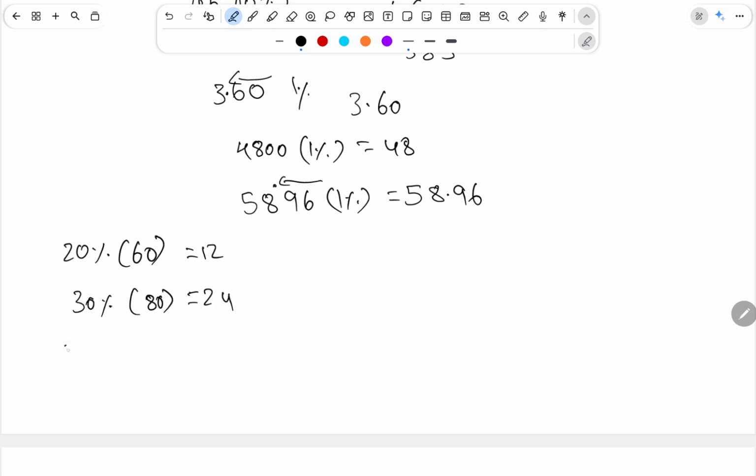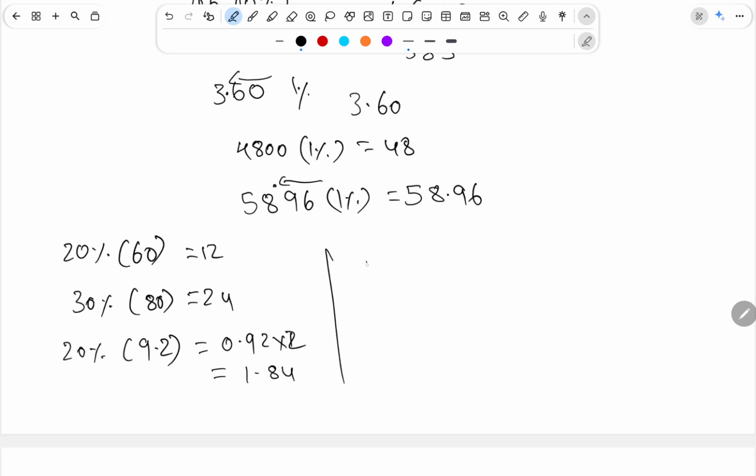It becomes easy. Suppose 20% of 92. 10% is 9.2. Sorry, 10% is 9.2, into 2, so 18.4. Slowly, step by step.